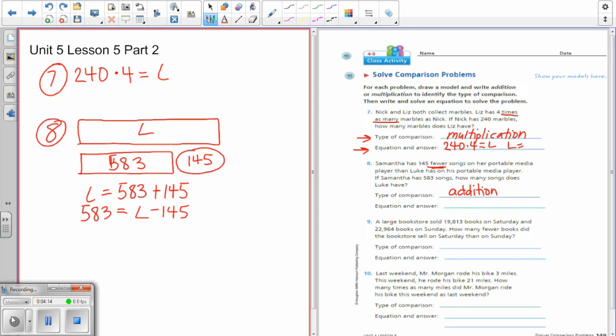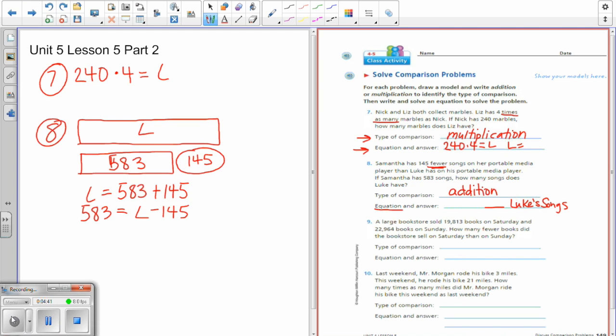That is another way the equation can be set up. And I'm going to have you pick which equation you want and write it over here, but you have to put the answer on the form. So I'm going to be looking for how many songs Luke has. So Luke's songs. You need to fill that in on the form.